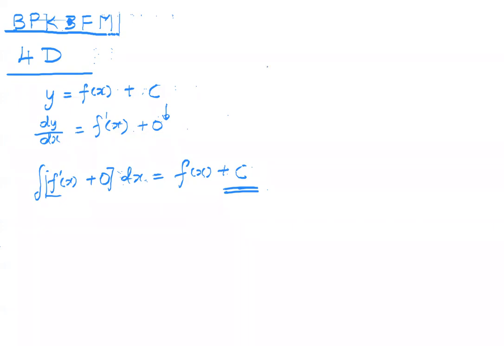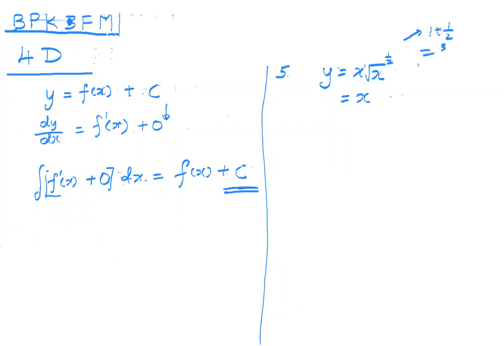Okay, maybe I will show you how to do question 5. They say if y equals x root x. So if the question gives me this, how should I write this so that I can find the dy/dx of this? This is x to the power 1 times x to the power half. So in total, 1 plus half is 3/2.